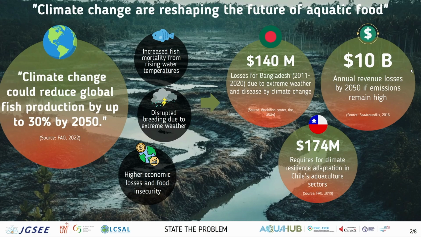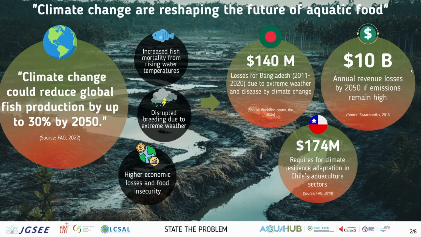The reason is that climate change is increasing fish mortality, due to rising water temperature. And second, it disrupts the breeding of fish due to extreme weather. It also has an impact on economic losses and, in the end, food insecurity as well.